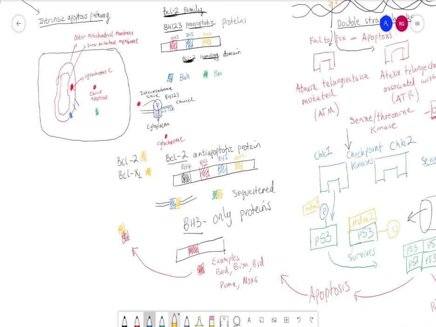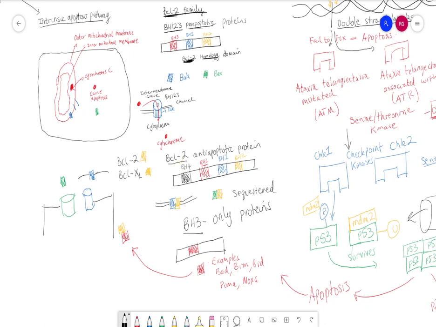So your blue BAK proteins on your mitochondrial membrane and your green BAX proteins in the cytoplasm are free. And what are they going to do when they're free? They're going to form pores. They're going to aggregate and form pores on your outer mitochondrial membrane.